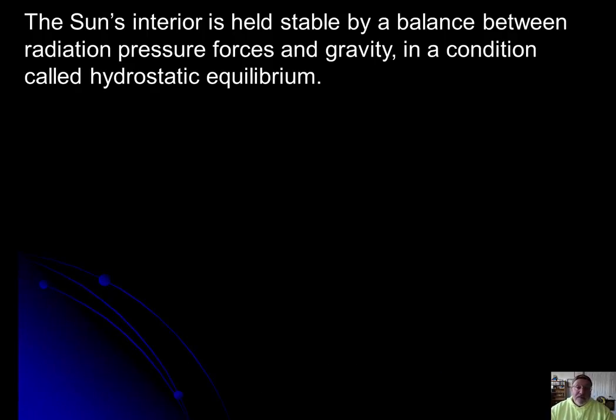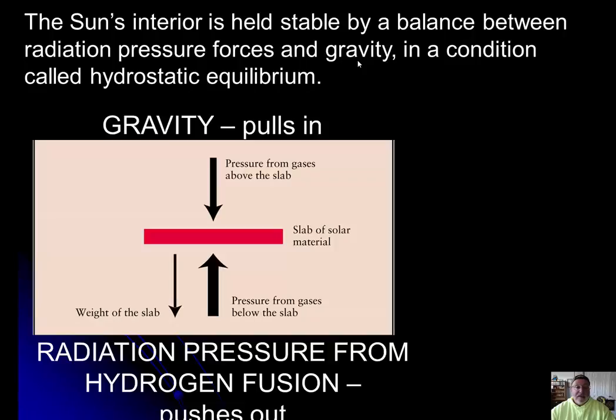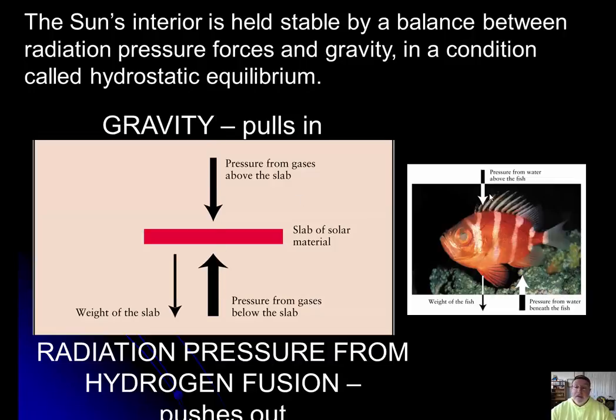Okay, the sun's interior is held together by a very stable force called hydrostatic equilibrium. Basically what it means is the pressure forces of the sun which push out equal the gravitational forces that pull it back together. And what happens is we get these 2 arrows leveling out.